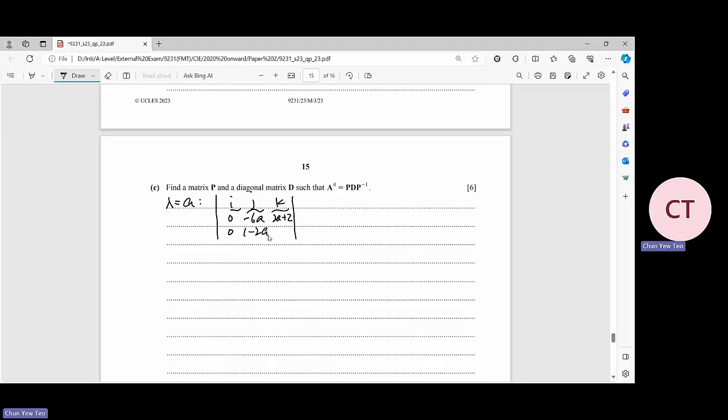One minus 2A and 0. So this one, if you just expand them, like the way you did the determinant just now, you get this one as 2A minus 1 i, 2A minus 1, oh, sorry.